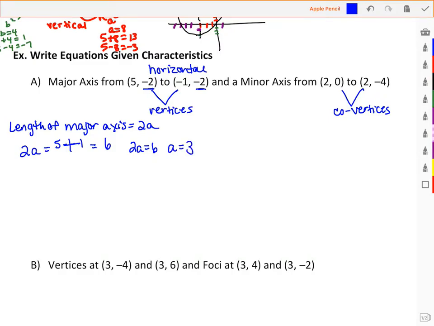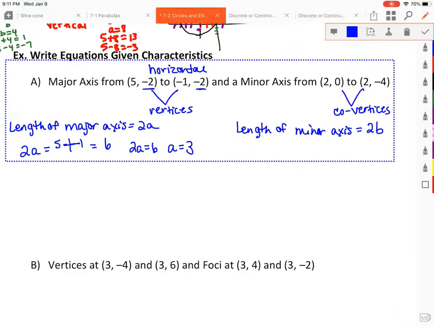Now at the same time, we can say that the length of the minor axis is equal to 2b, which is another one that's not listed on that front with all those formulas. This would be one that would be good to know, though. So we need to know how long the minor axis is. It goes from 2, 0 to 2, negative 4.